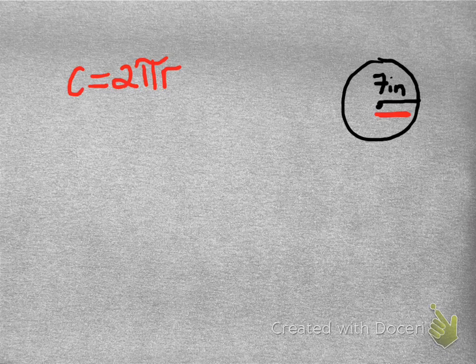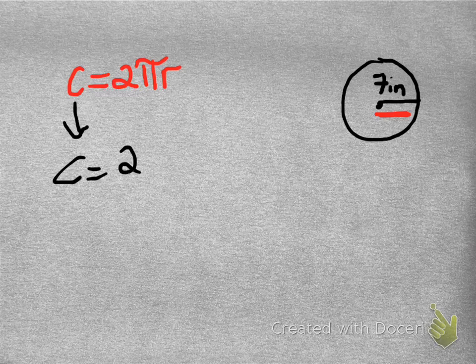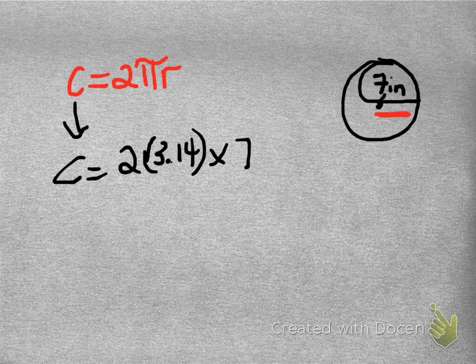So we plug in the numbers. That means that I'm solving for C. I don't know what C stands for, but I know that pi stands for 3.14. And then radius, that means times the 7 because the radius is 7 here.